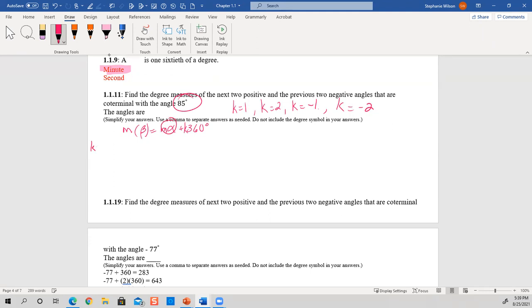So what I'm going to do is make me a little table. When k is 1, I'm going to plug in. Does anybody have an answer for me on this one? And do y'all have a calculator?